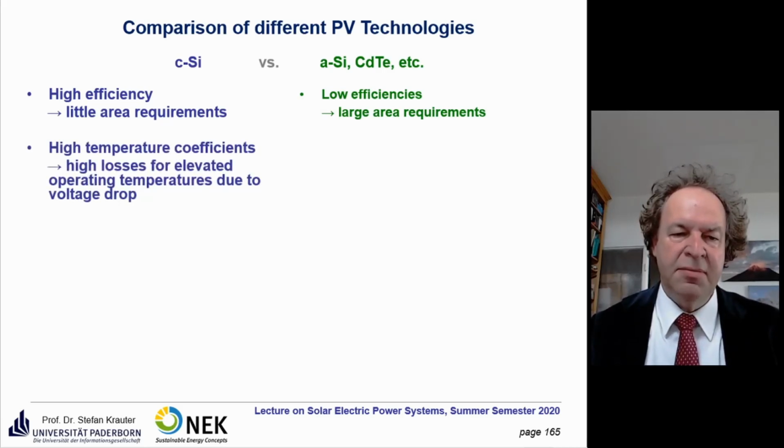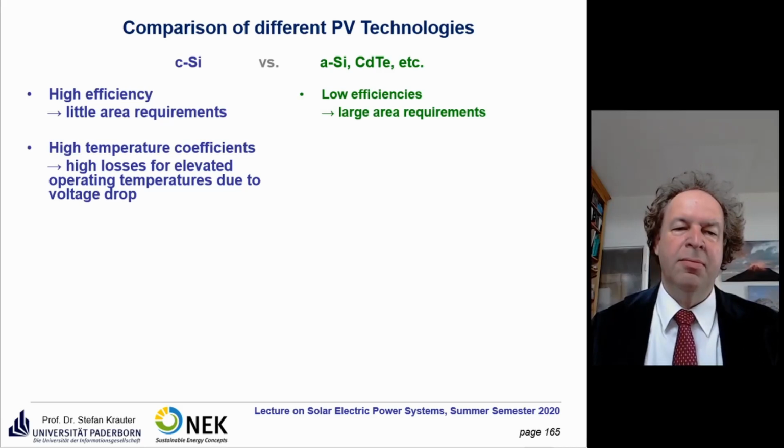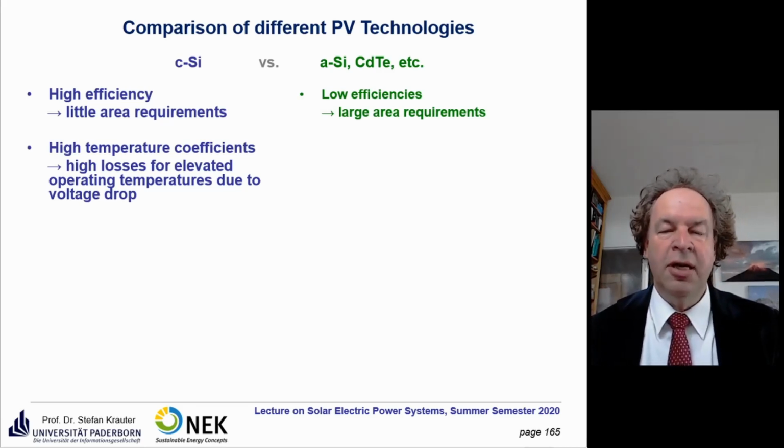Also, yes, there is a disadvantage: crystalline silicon has a higher temperature coefficient. That means you have to take into consideration losses at high temperatures. As I mentioned, unfortunately, the standard test conditions are set with a cell operation temperature of 25 degrees, which is not realistic at all.